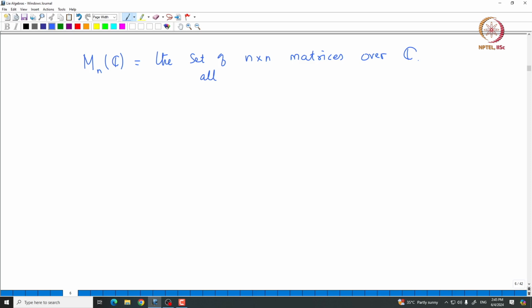These operations make Mn of C an associative C-algebra.